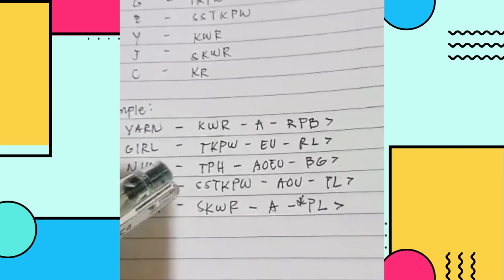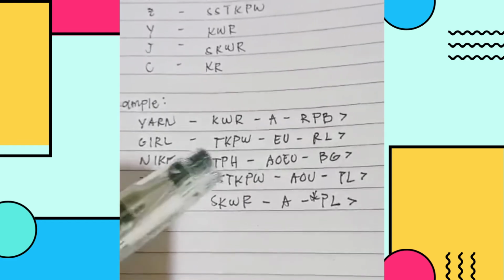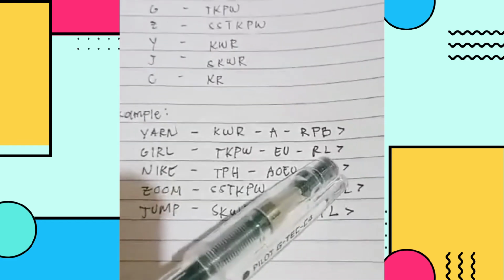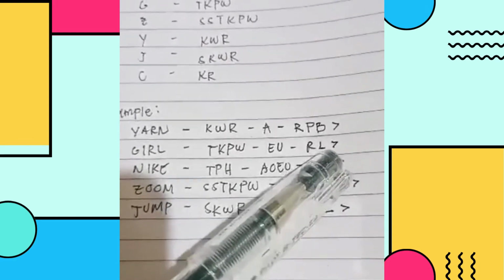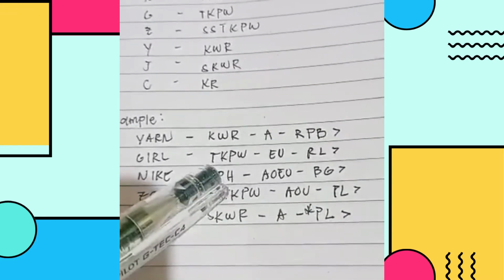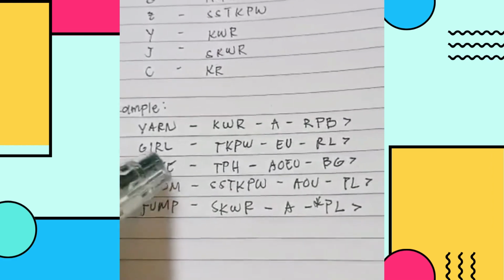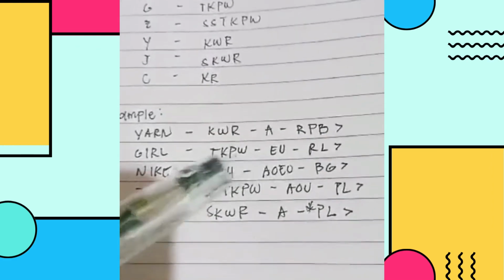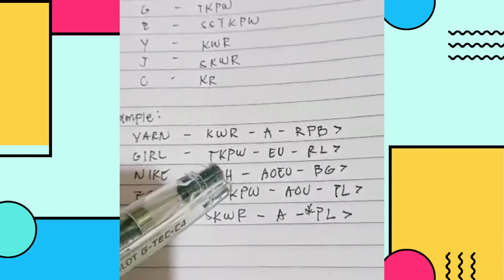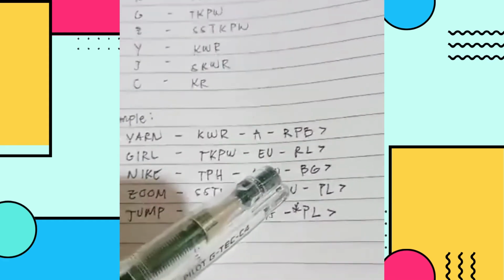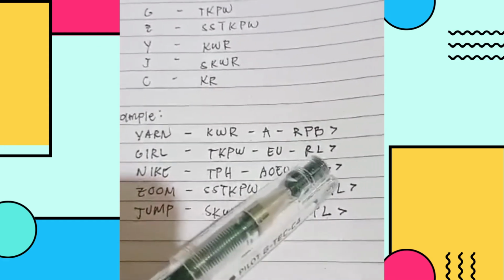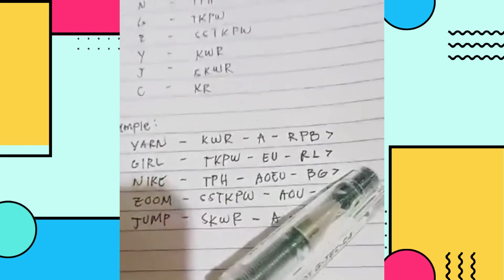Next is the ending sound RL. You write here RL, then you release. This is how to read the machine shorthand word girl. Initial TKPW, vowel EU, ending letter RL, then release.